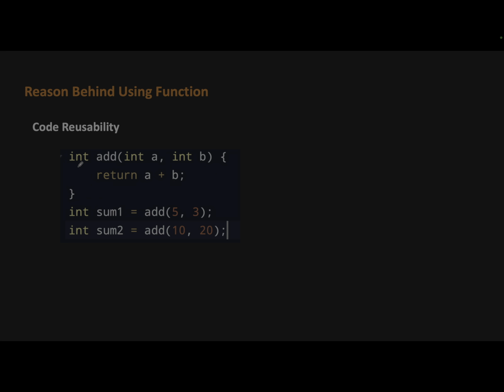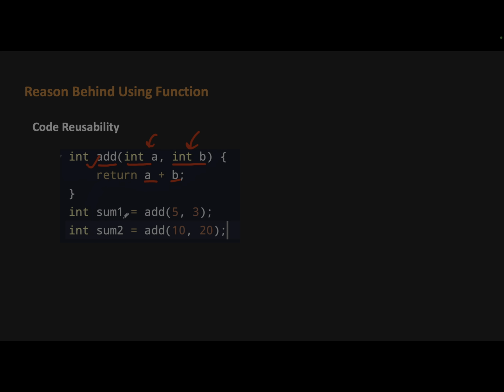Here the integer is the return type, add is the function name, int a is a parameter, and int b is also another parameter. We are passing two parameters over here and returning a plus b. We don't know the values of a and b, but whatever input is passed to this function, it will return the sum.